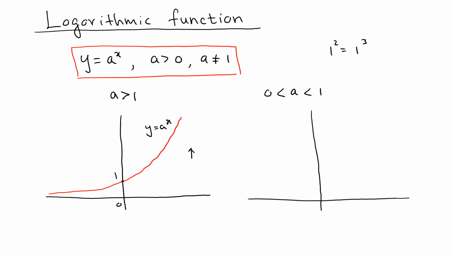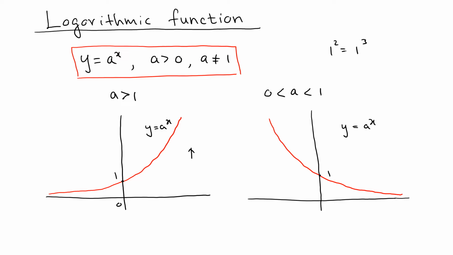like this. So it is going down and it passes through 1, and then y equal 0 is the asymptote. So that's a decreasing function. So it's again y equal a^x, but a is in between 0 and 1, so it's like a fraction.